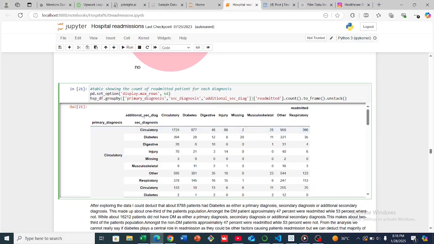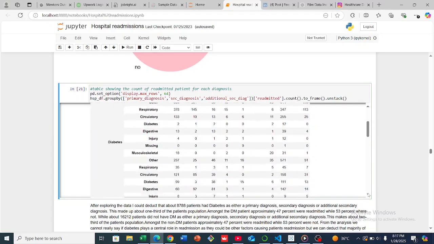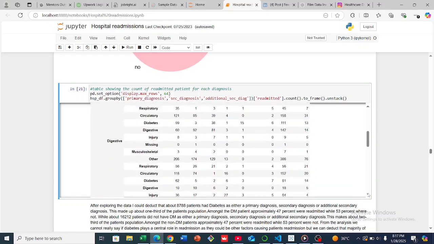For primary diagnosis, you can see the various diagnoses and look at their readmission counts. For primary diagnosis, circulatory was 1724 for patients that were readmitted, while for diabetes we had 394, and we also had other figures. You can just scroll down and see the various figures we had.